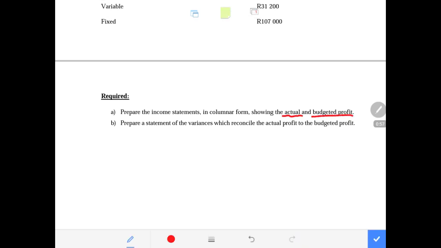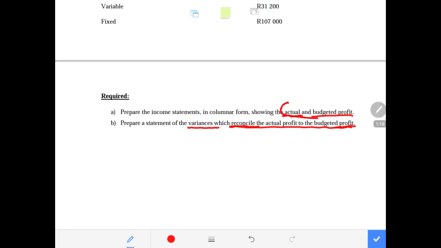Then after, I am required to prepare the statement of variances, which reconciles the actual profit to the budgeted profit. So now this is the major part where most of the marks are honestly allocated.